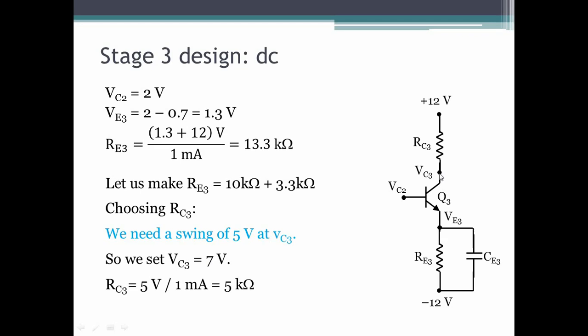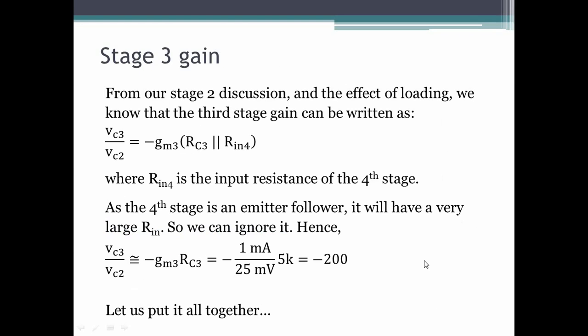Alright, 5 volts, 7 volts here, 12 volts here, 1 milliamp flowing through this. So 5 volts by 1 milliamp, RC3 has to be 5 kilo ohms. Alright, so we've finished designing the third stage also. 5 kilo ohms here, 13.3 kilo ohms at the emitter. Now let's find the third stage gain.